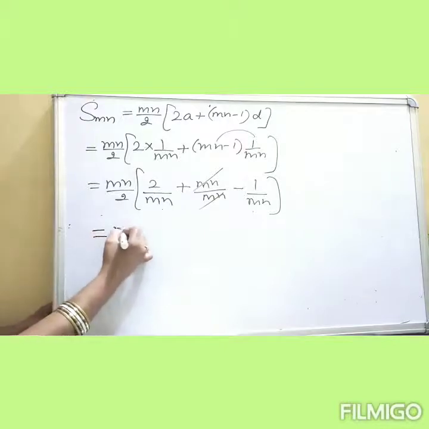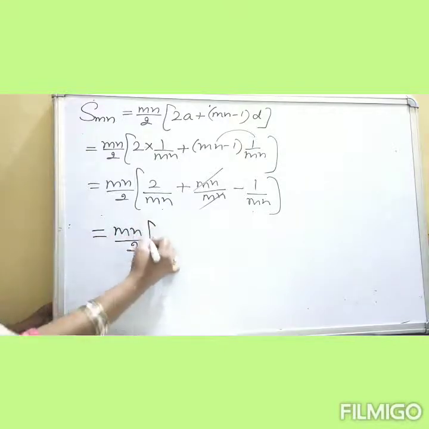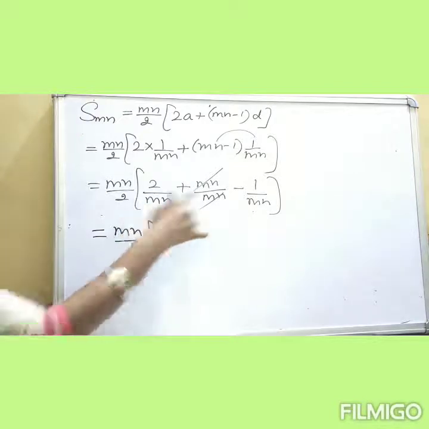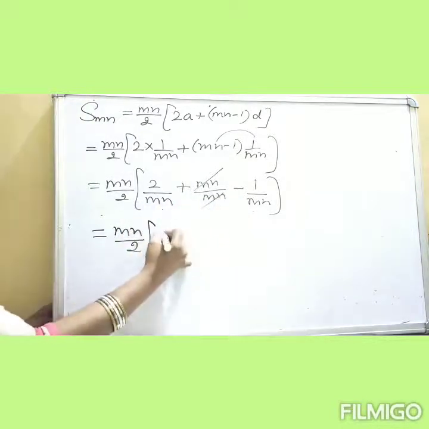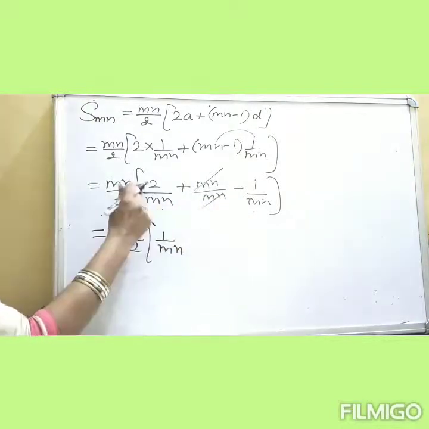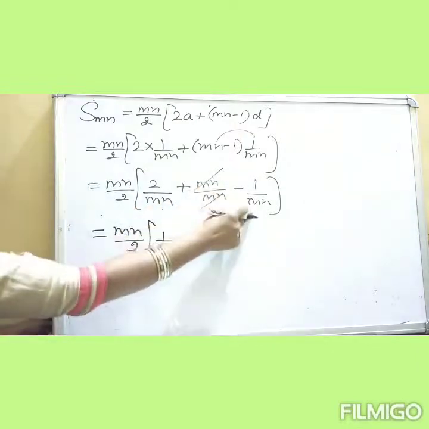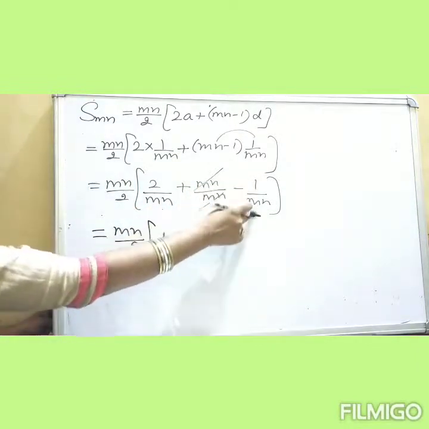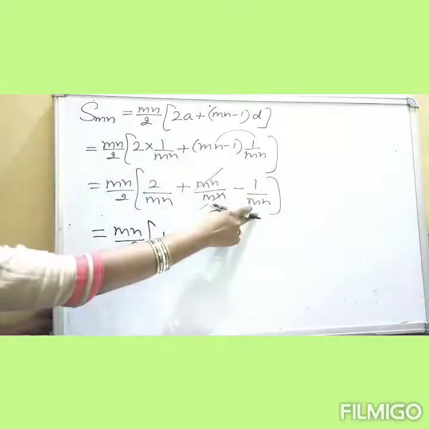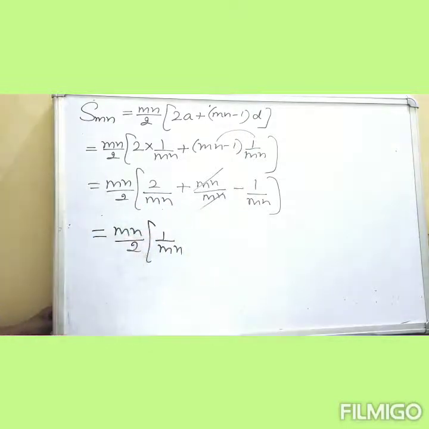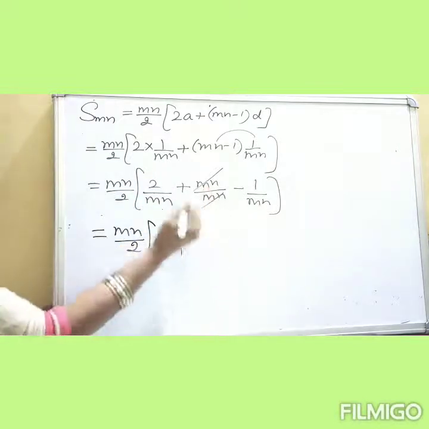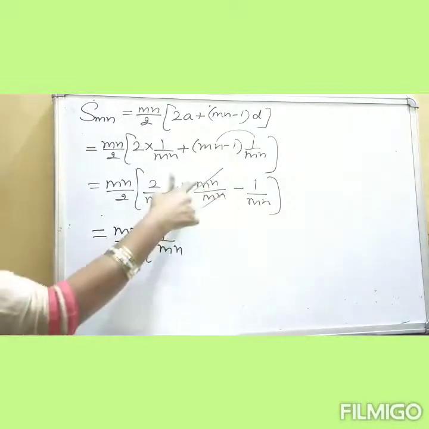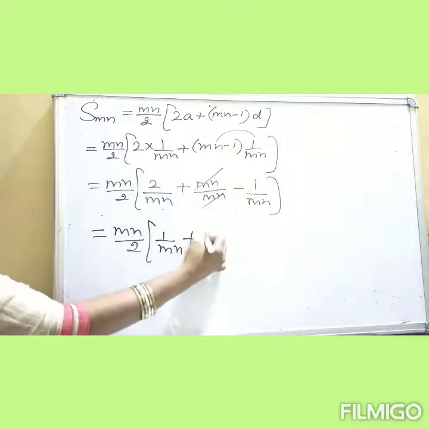So this is equal to mn by 2 into (2 by mn minus 1 by mn, which is 1 by mn). 2 times 1 by mn minus 1 times 1 by mn gives 1 by mn. If you are not able to get how we get this, you can take the LCM also; otherwise you can do it directly. And mn by mn is plus 1.